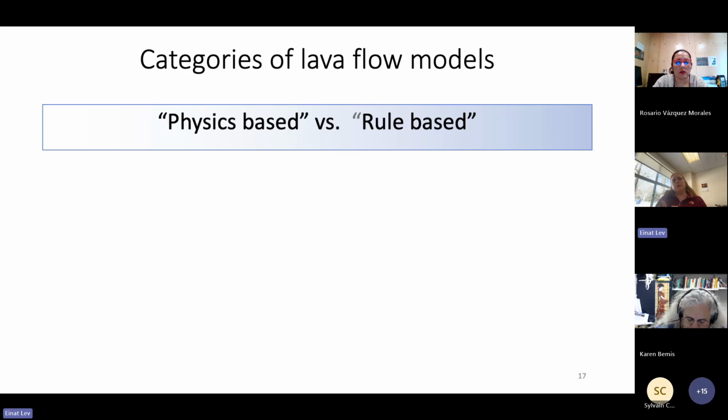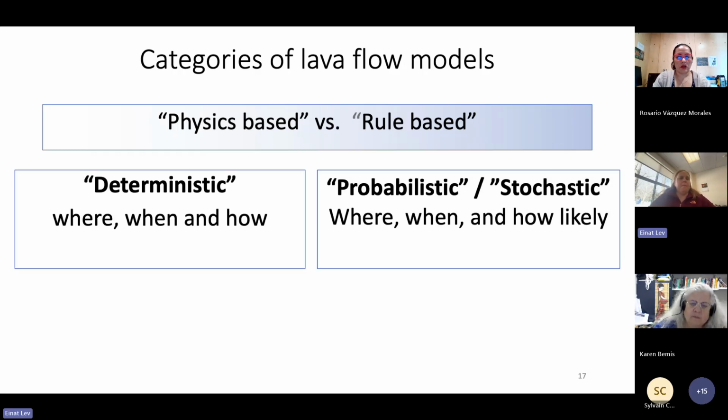And then there's models that rely on rules. We stop this flow when it's 5 kilometers long because that's what we know the maximum length of flow has been in this volcano. Maybe we stop this effusion, this dispersion by a certain thickness because we know flows in this volcano never go above that thickness, and so on.